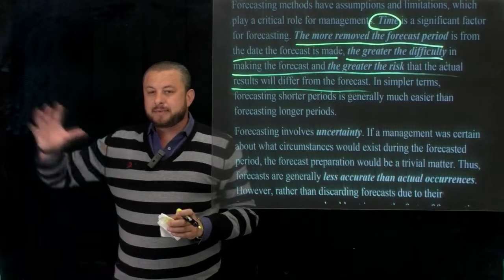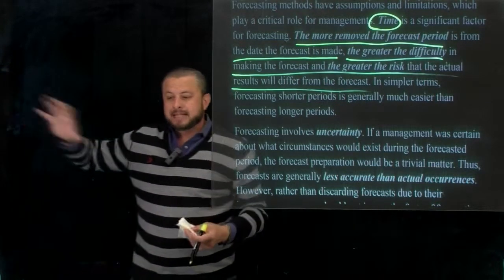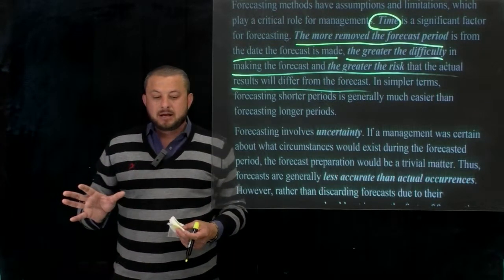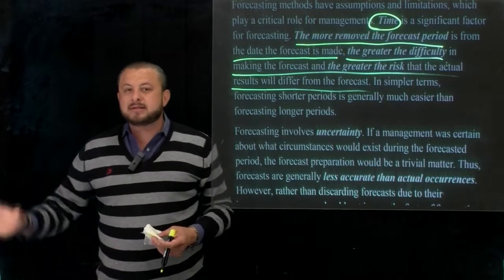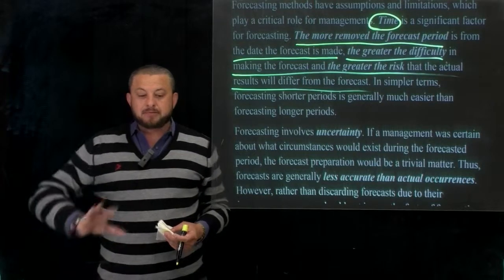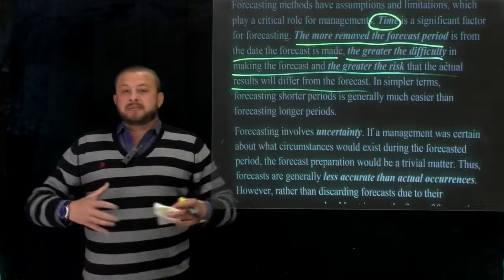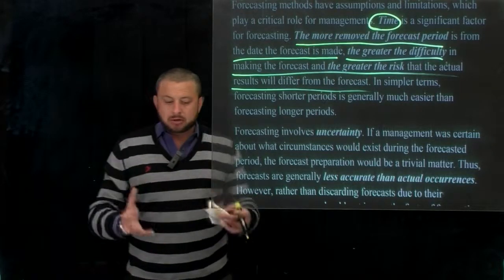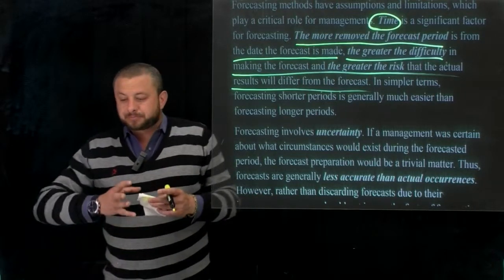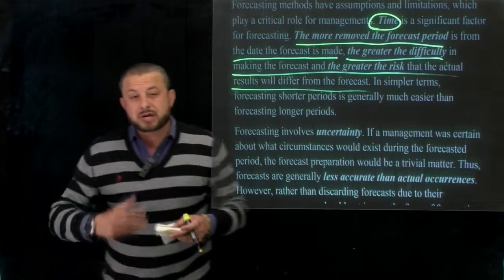What might happen in the future, let's say in terms of ADR or occupancy percentage, in 10 years versus next year is different. Next year is easier to forecast because we know what might happen based on the historical data. Maybe there won't be any significant changes in the local competition, local economy, macroeconomy, or global traveler patterns.